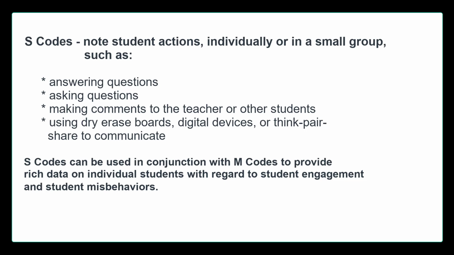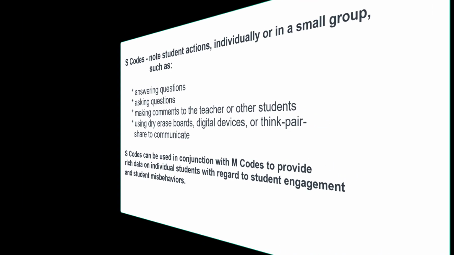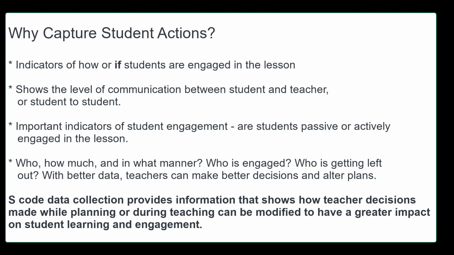Then we're going to look at using the S codes and M codes together and using the seating chart in conjunction with the S and M codes to provide rich data on individual students with regard to student engagement and student misbehaviors.